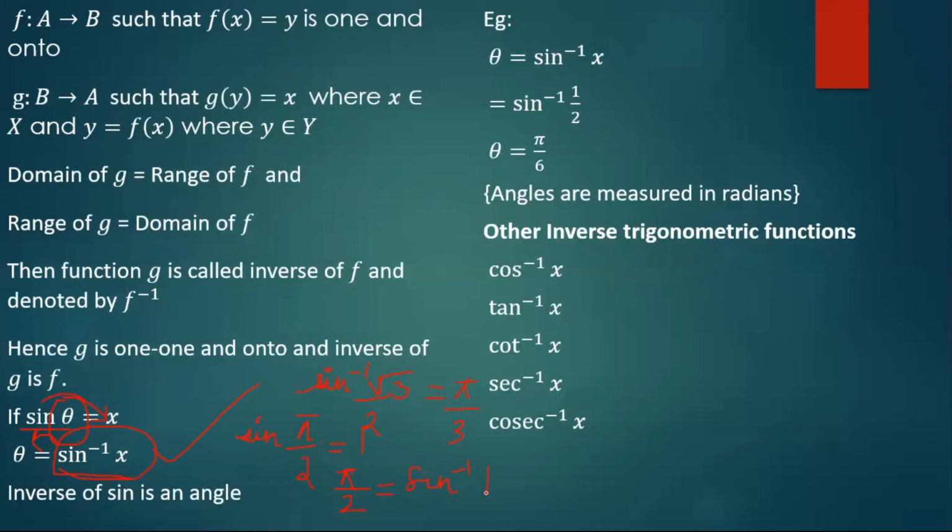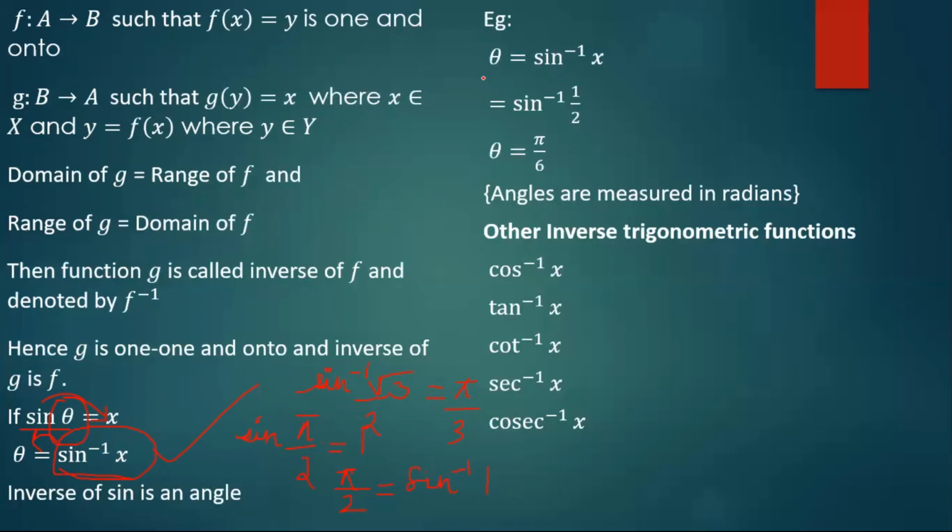Got it? The answer for sine inverse 1 is pi by 2. Usually in this chapter, 1 or 2 mark questions may come, or a single 4 mark question may come.